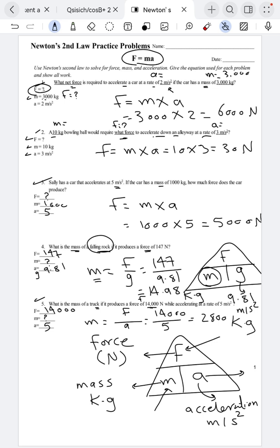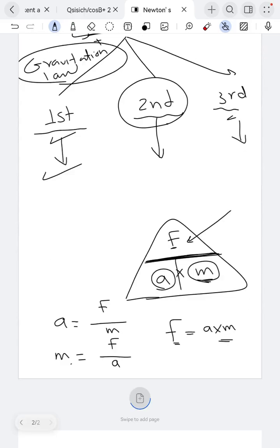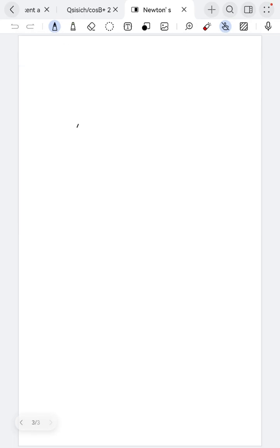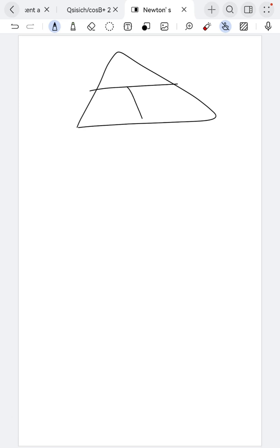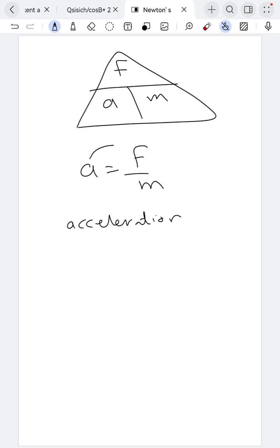If he just asks what is Newton's second law, I can also use the triangle here to make it easier. Here we said it's A, F, M, so A equal to F over what? Over M. So Newton's second law, he said there is a directly related relationship between the acceleration and the force.